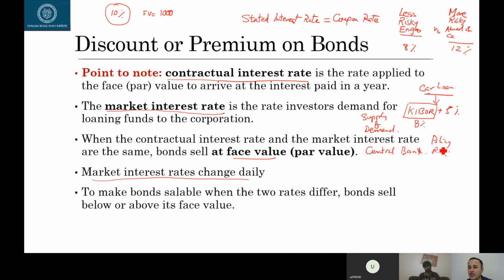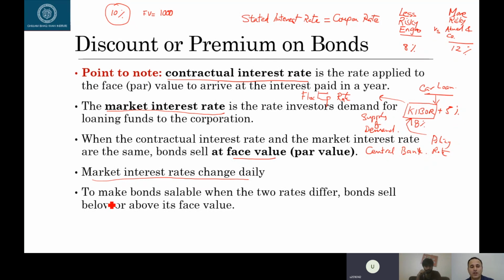Whenever they change the rate, KIBOR adjusts accordingly. And whenever KIBOR is adjusted, all your consumer loans or even corporate loans are also adjusted because they are linked. They are called floating rates, so they are not fixed. Okay, sir, yes, I get it.